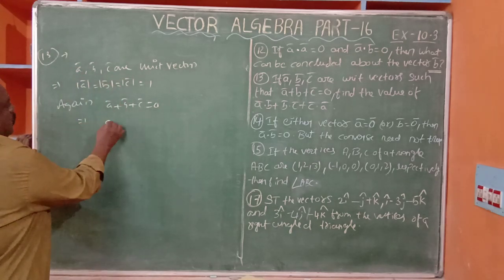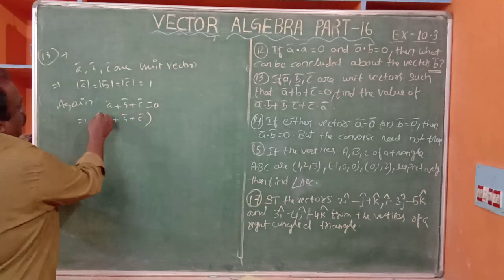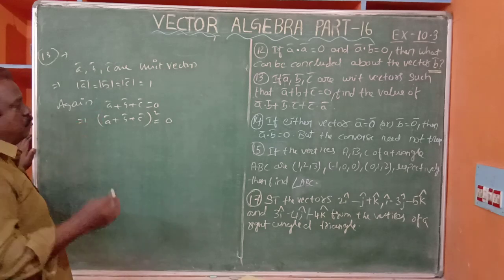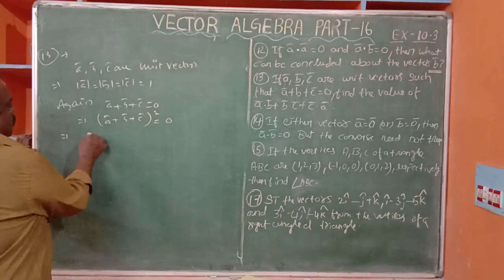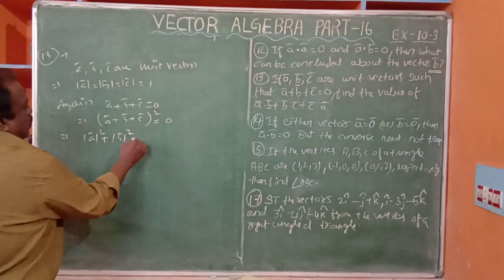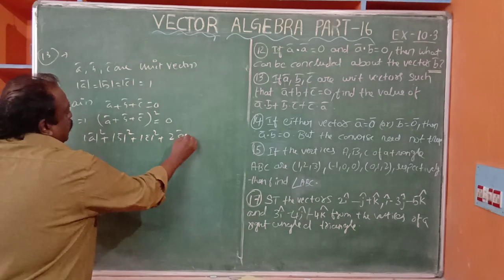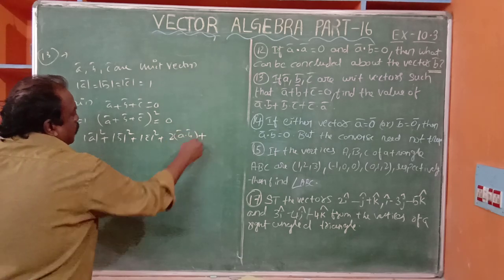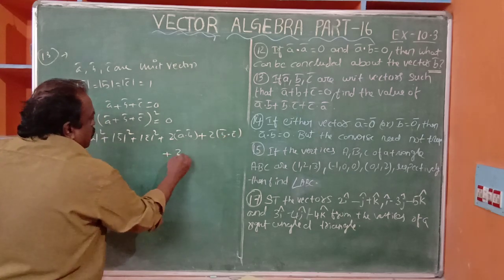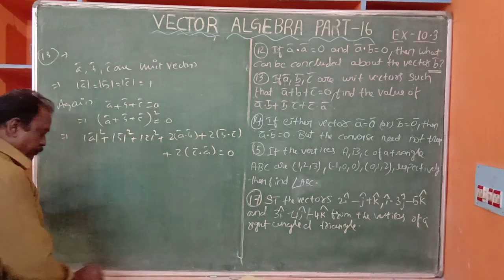That implies A bar plus B bar plus C bar whole square is equal to 0, making square on both sides. That is A bar square plus B bar square plus C bar square plus 2 A dot B plus 2 B dot C plus 2 C dot A is equal to 0.